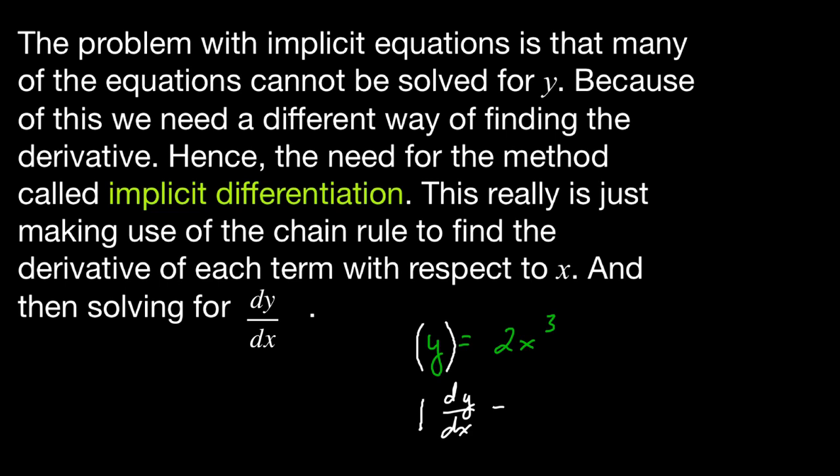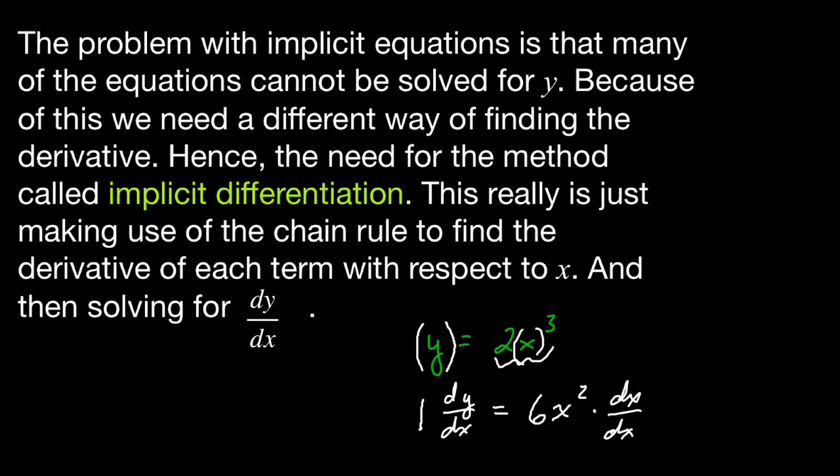All right. So then over here, when you take the derivative of this, you are going to get 6x squared, but you've got to think of this as an inside part. And so when you multiply by the chain rule, you're going to be multiplying by the derivative of x with respect to x.